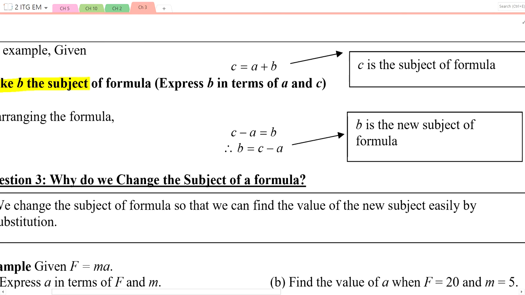So what I will do is to rearrange. And when I say rearrange, I mean I will subtract A on both sides. When I subtract A on both sides, I'll end up with C minus A equals B. Now B is by itself already, but I want to put it on the left hand side. So I have B equals C minus A. So now B is the subject.